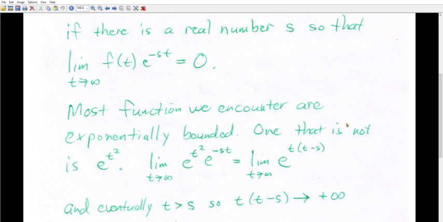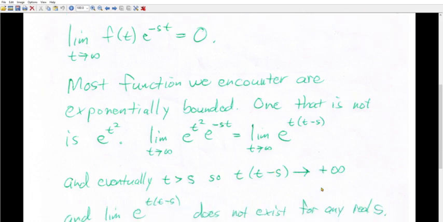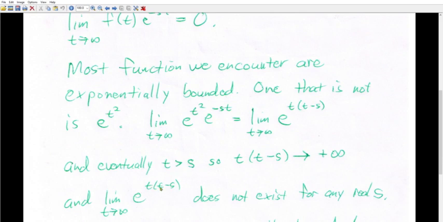One function that is not exponentially bounded is e to the t squared. And the way to see this is if I'm looking at the limit as t goes to infinity of e to the t squared times e to the minus st, I can factor a t out, and I get the limit as t goes to infinity of e to the t times (t minus s). Now, t is going to infinity, s is not. Eventually, t gets bigger than s. This thing gets positive, so t times this goes to plus infinity, and that means that this limit does not exist.